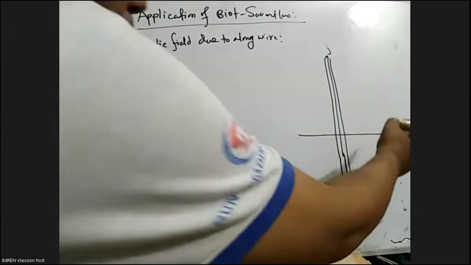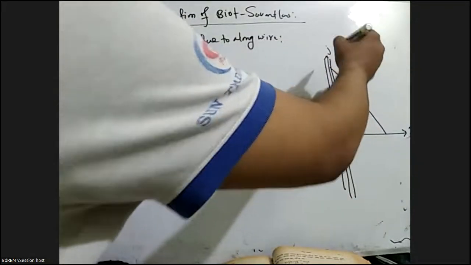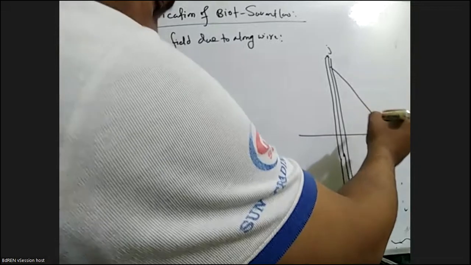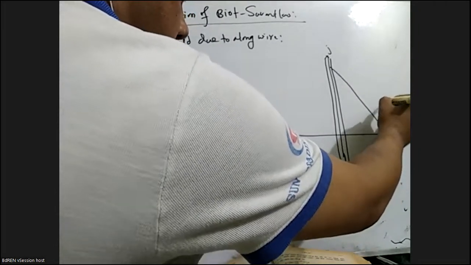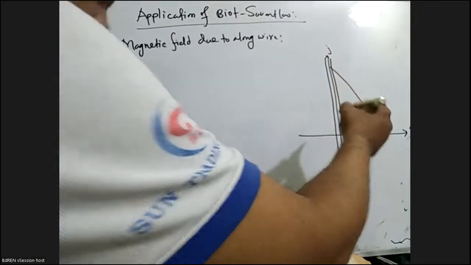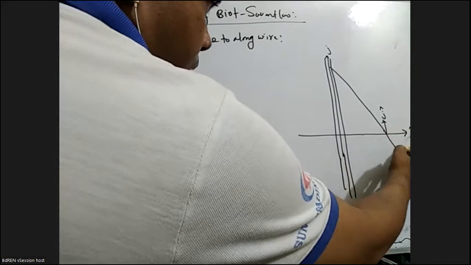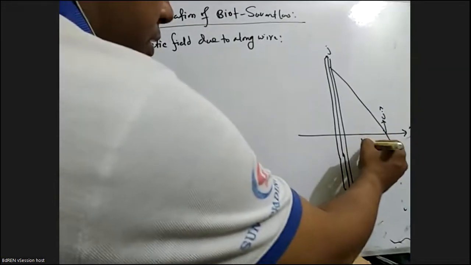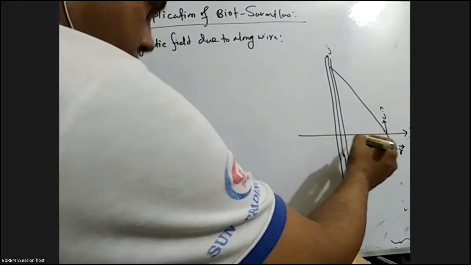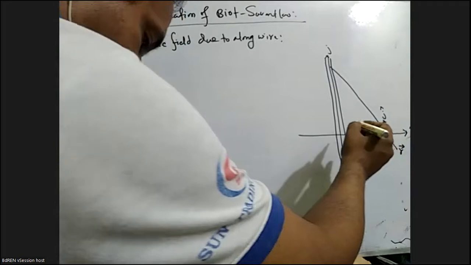Suppose at a point P we have to find the magnetic field. This is the z vector along the y-axis, this is the i unit vector, and this is the r vector, and this distance is capital R, and this angle will be theta minus 90 degrees.